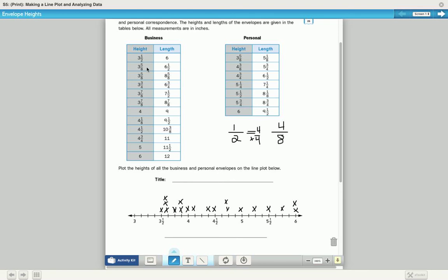Okay, so then we have 3 and 5/8, 3 and 5/8, and 3 and 5/8 here. So we have 3 of those. The next one we have 3 and 3/4. So again, we have to change 3/4 to eighths, changing 4 into 8. This time we're going to have to multiply times 2. So 4 times 2 is 8. 3 times 2 is going to be 6.